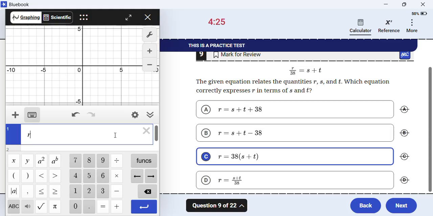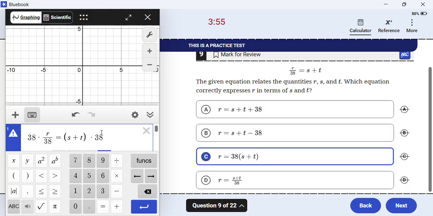Now, using Desmos, if you want to check your answer, S plus T, you don't need to. You really can't. There's no way to graphically look at this. But just to say, if we multiply both sides by 38, we take that, multiply by 38, we are multiplying this whole quantity.